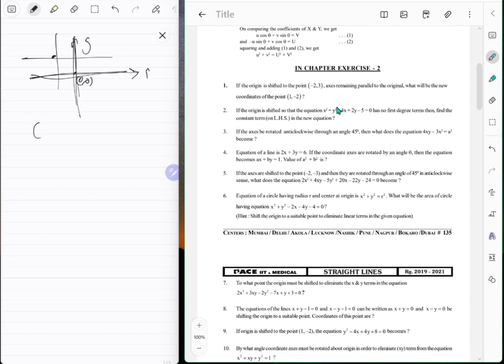So it's 1 comma negative 2, that's the point that we want to describe, minus the shift, which is now negative 2 comma 3, and that will be 3 comma negative 5. Okay, so that's the answer. This is question number 1, right? Okay, so let's go to the next question.